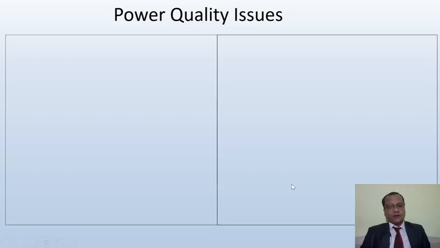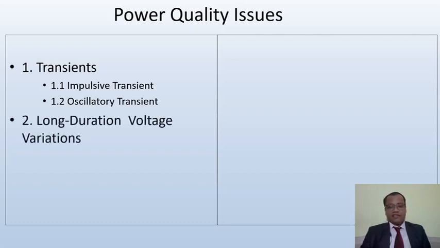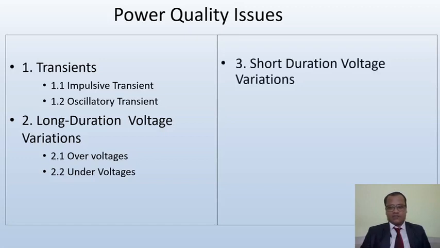Now here we are going to cover the different power quality issues. First, transients, which are divided into two parts: impulsive transients and oscillatory transients. The next power quality issue is long duration voltage variation, which again has two types, overvoltages and undervoltages.